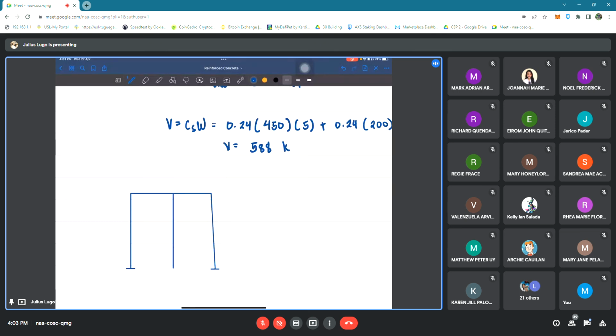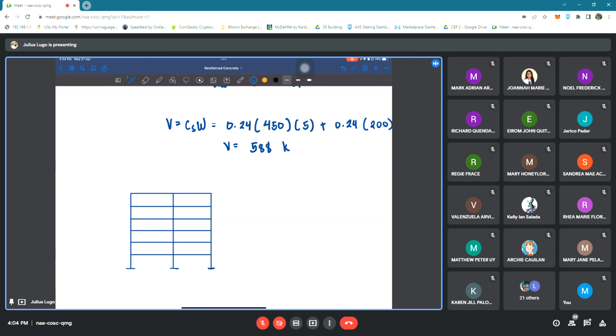Does this pass the check or not? So if this is your building frame system, and you're going to divide it into 6 levels, you have a 6-story building: 1, 2, 3, 4, 5, 6.